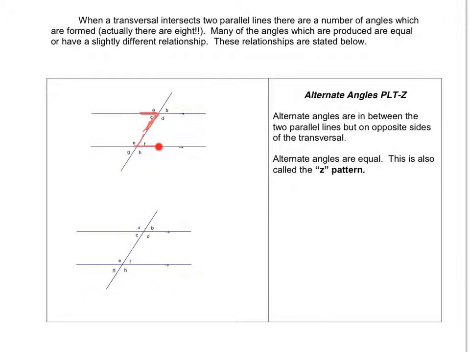So I've drawn that around angle F and I've drawn it around angle C, and I see that I form a Z pattern or a Z shape. And when I see that Z shape, that means that the angles that are trapped by the Z, so angle C and angle F, are equal to each other. So I'm going to say C equals F here.